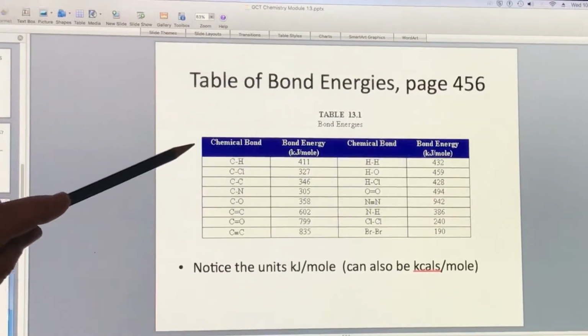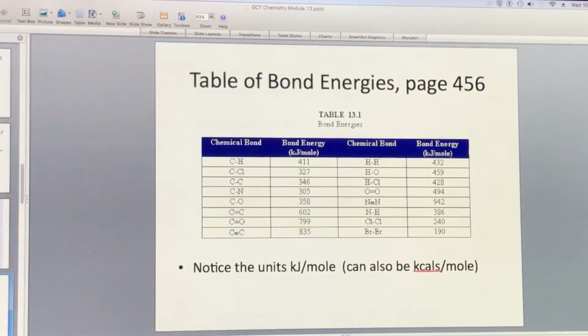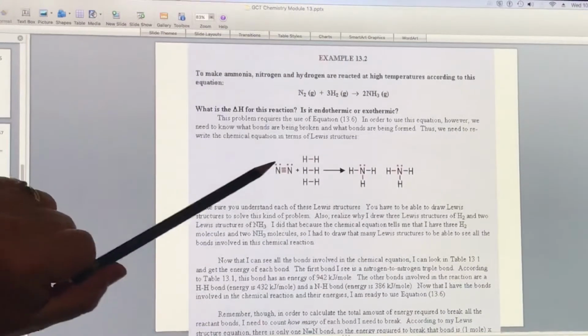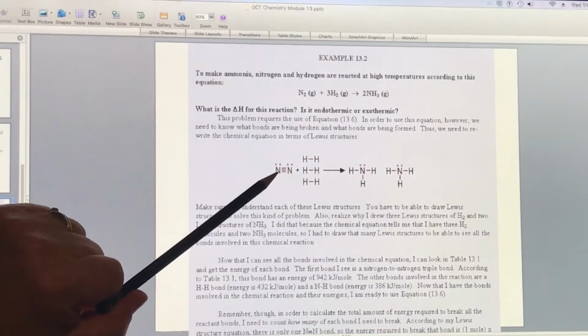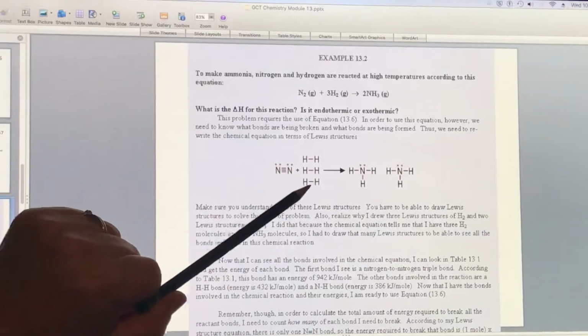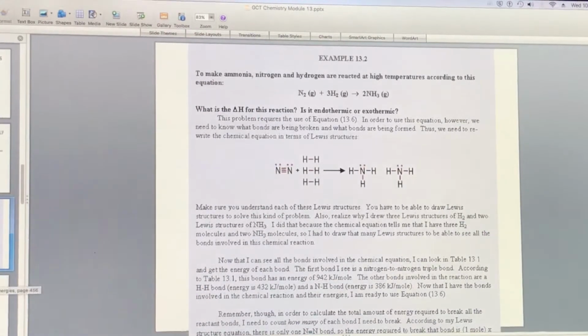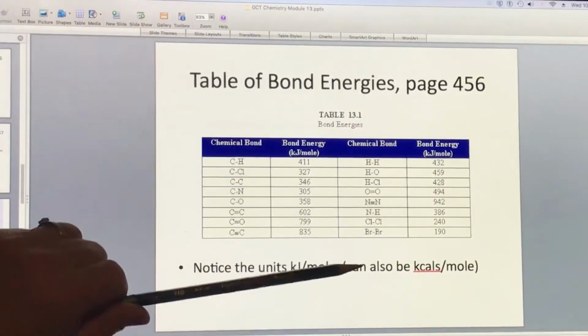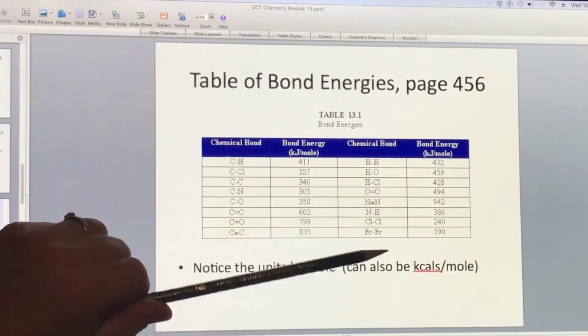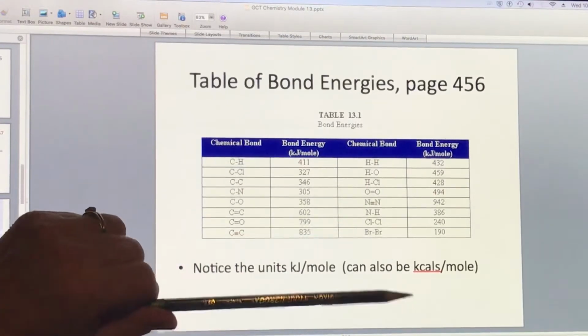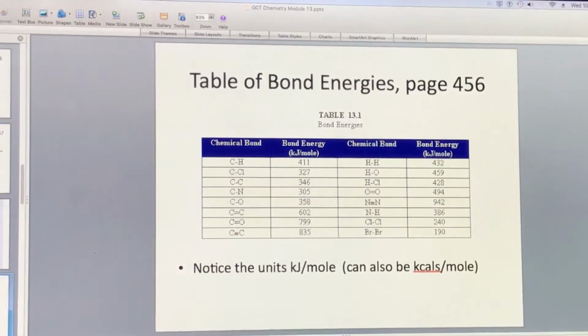We can use this table of bond energies that we referenced before, and from that we can look for the bonds that were provided here. We want to find the N triple bond N, the H–H bond, and then the N–H bond. You can look here on the table, we have the triple nitrogen bond, the nitrogen-hydrogen bond, and then the hydrogen-hydrogen bond. And we can use those numerical values.